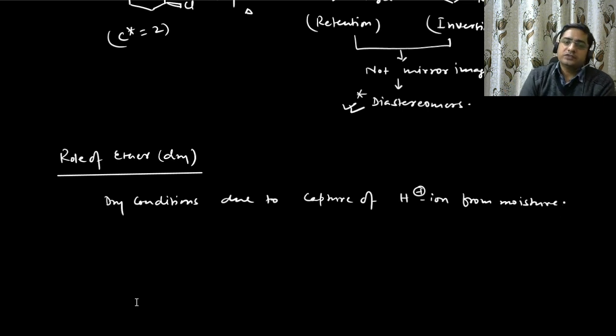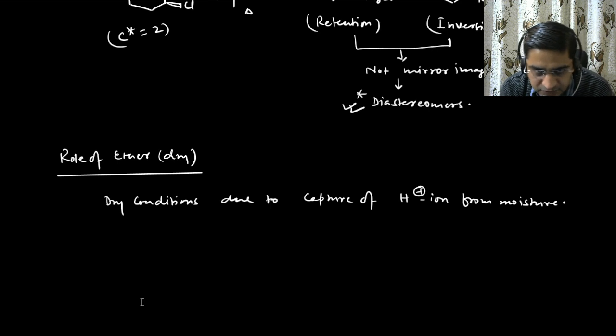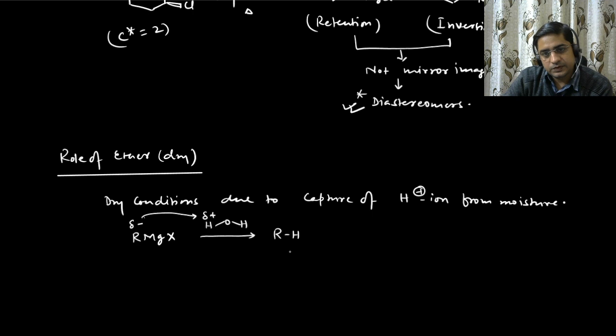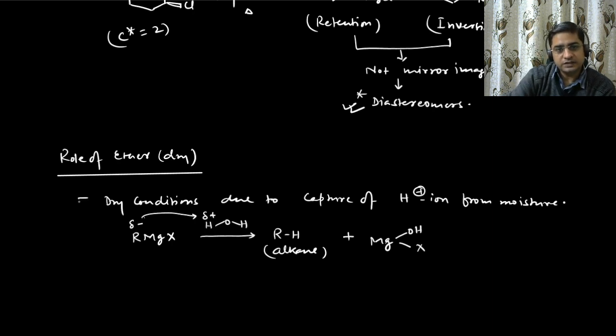If any moisture is present in the reaction environment, then Grignard reagent is not formed. It captures the H plus from the moisture, and alkane is formed. So Grignard reagent is reduced here. We will not obtain Grignard reagent, we will obtain alkane instead. So dry conditions should be there.